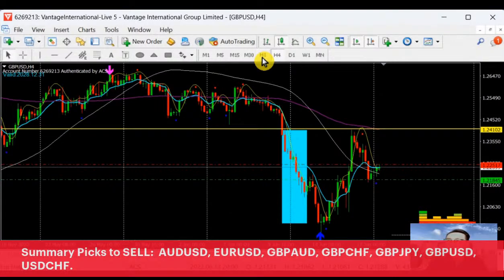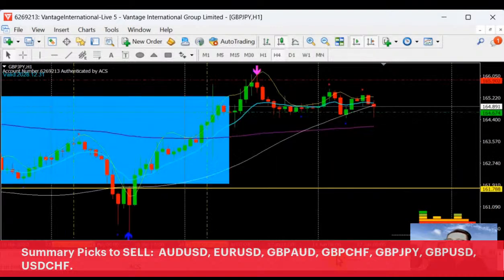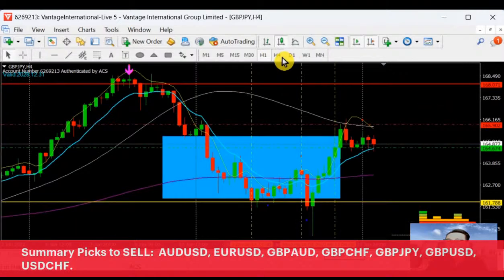Today's Monday. Let's see, will there be any chance for us to sell pound dollar and pound yen? Pound yen, as we can see, has tested and now rejected from the support here.